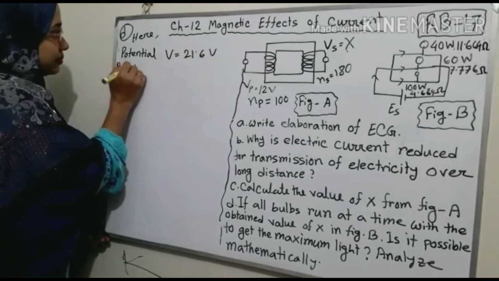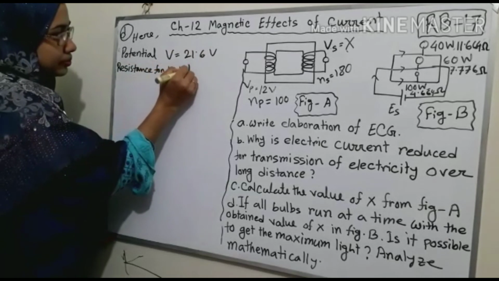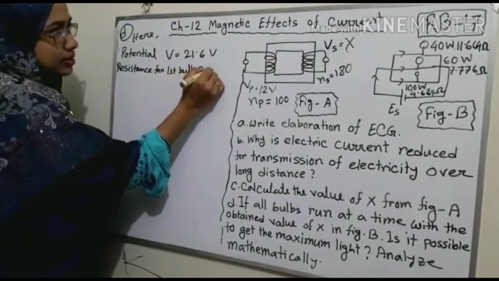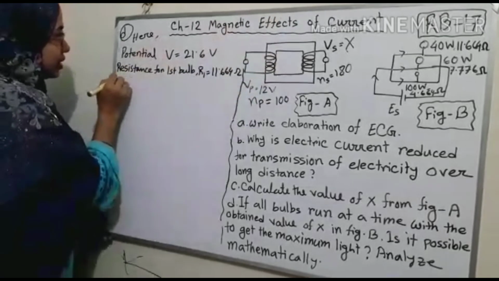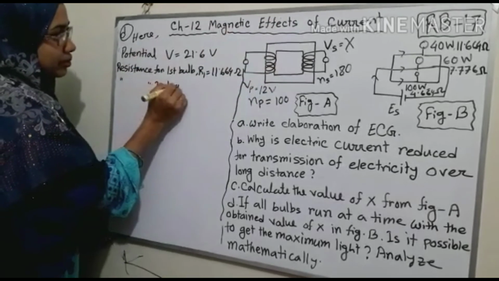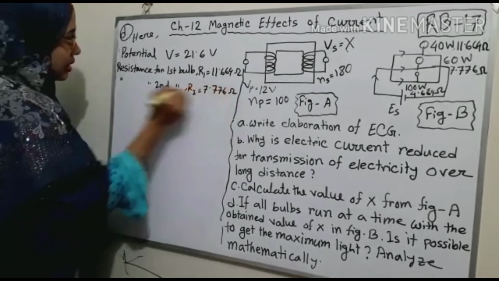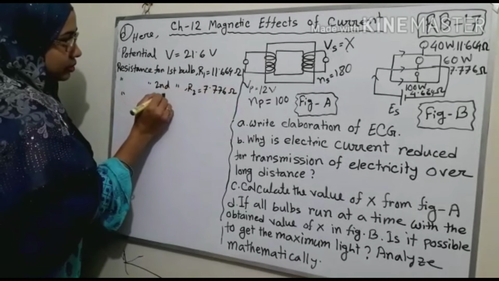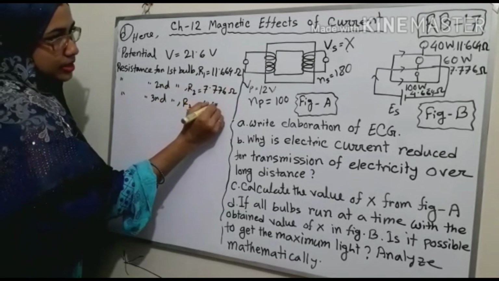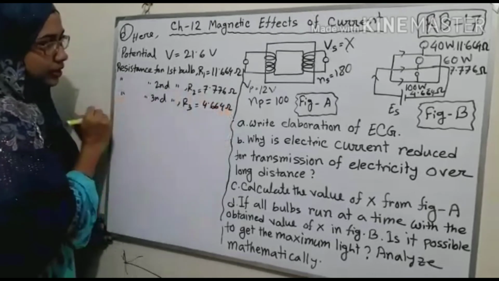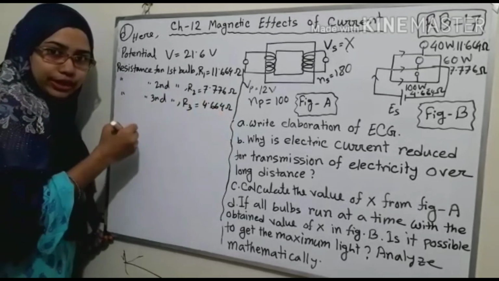Resistance for first bulb, R1 is 11.664, which is given in the figure. Resistance for second bulb is R2, which is also available here, 7.776 ohm. And resistance for third bulb, that is R3, is 4.664 ohm.